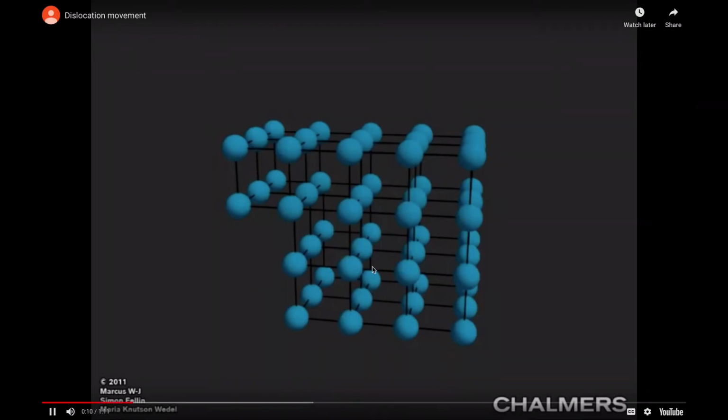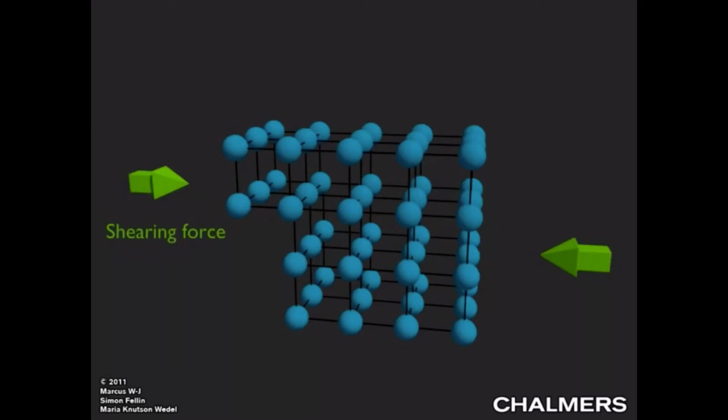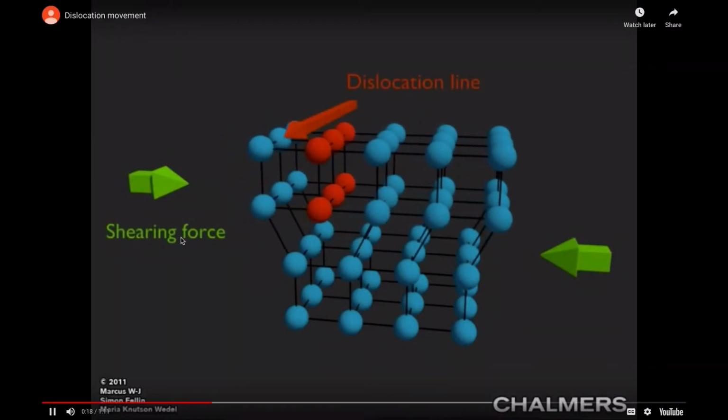So here's the arrangement of the atoms. Imagine you have a force applied here, and it will make this line, or this dislocation, move because of these shearing forces.